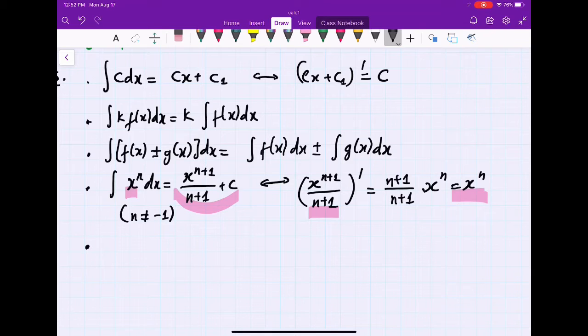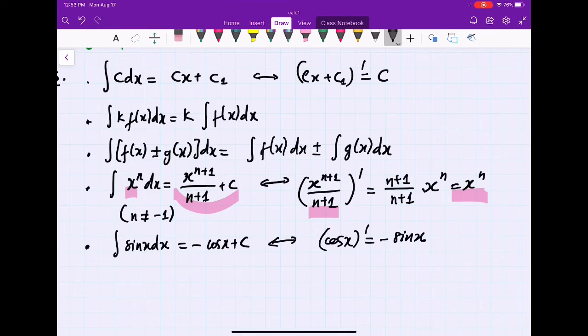And if you talk about trig functions, you might have the following one. The antiderivative of sine of x is negative cosine of x plus c. Why? Because the derivative of cosine x is negative sine. So if you bring negative sine into another sine, you have the negative cosine derivative is sine. So that means the antiderivative of sine is negative cosine.